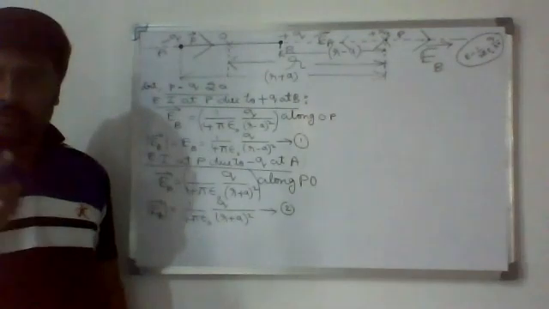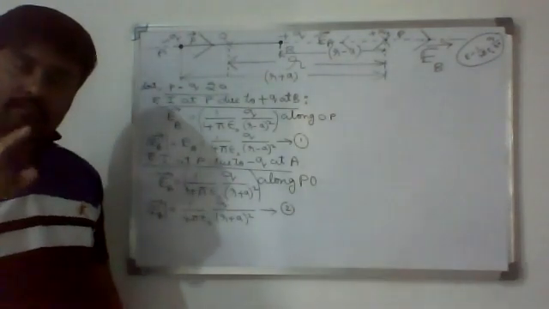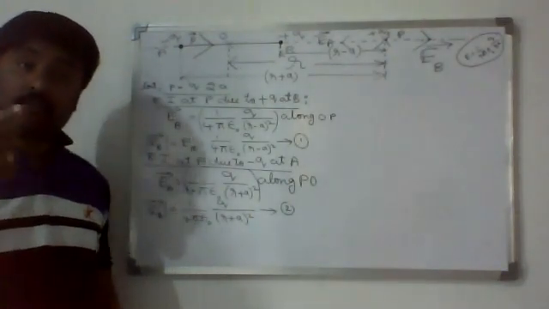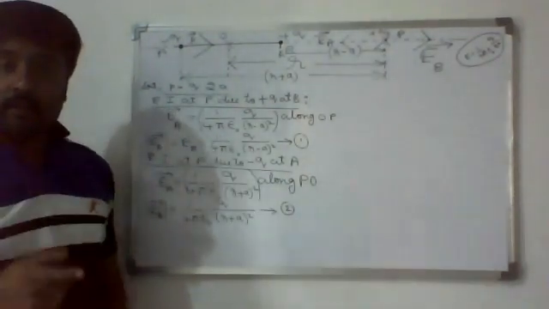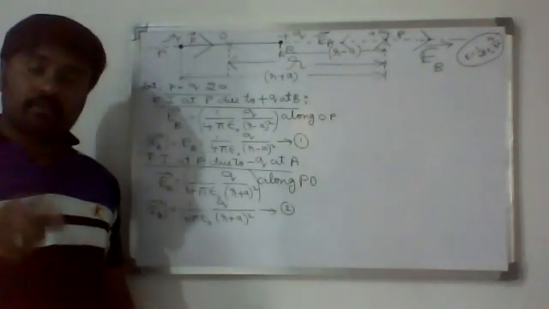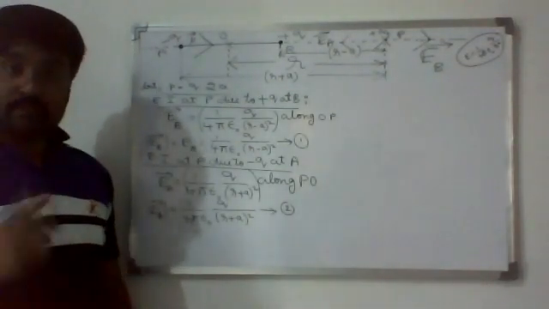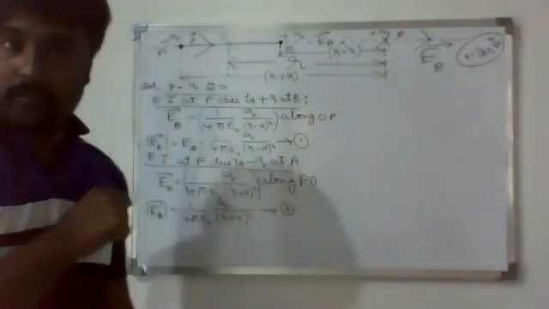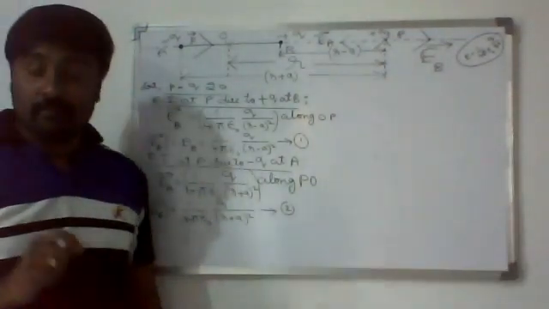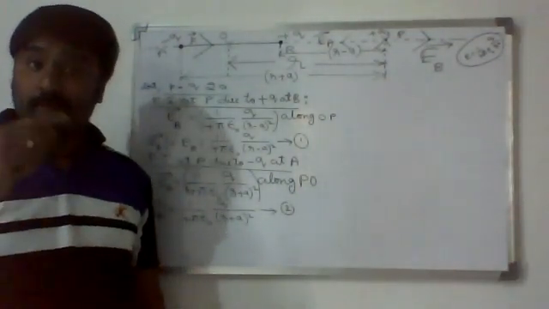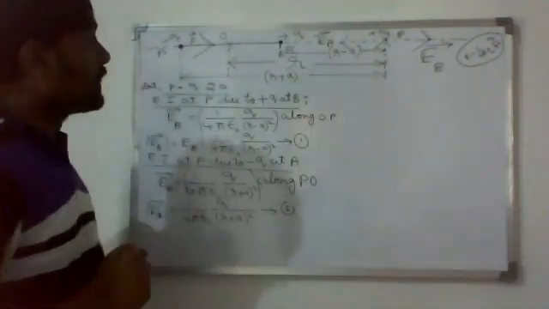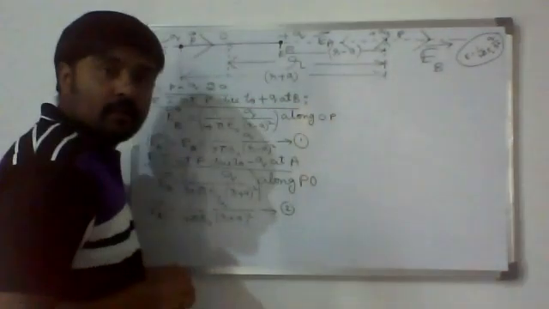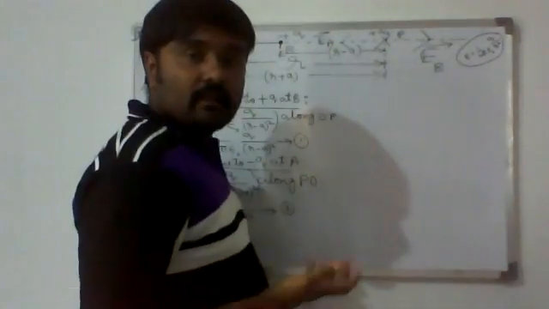Here theta is 180, and cos 180 is minus 1. So R is root of P square plus Q square minus 2PQ, that is root of (P minus Q) whole square, which is P minus Q. So the magnitude of the resultant is P minus Q, where P is E_B and Q is E_A, because E_B is much stronger than E_A.